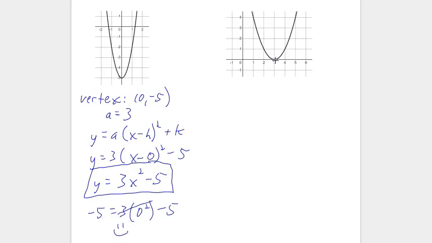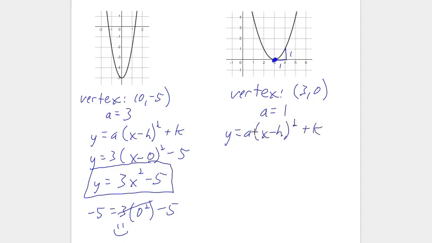Once again, in this graph, we can readily see the vertex. And from that vertex, we go over 1, up 1. So that tells us that the a value must equal 1. Now we have all the information we need to write an equation in vertex form.